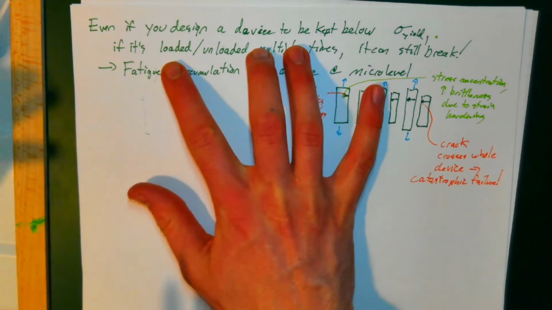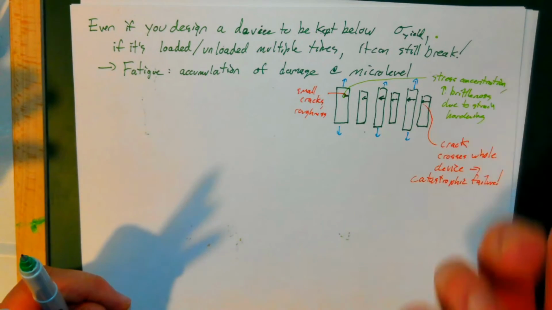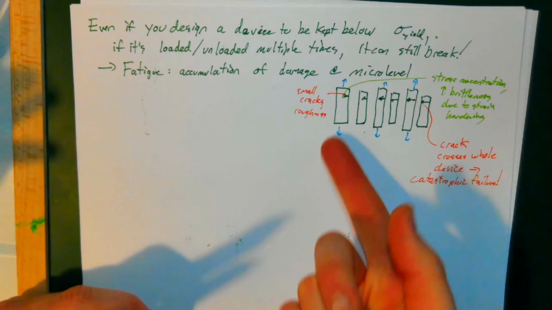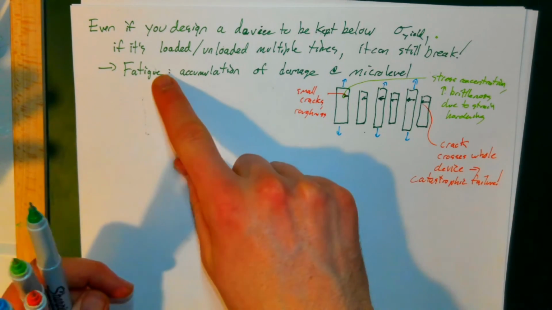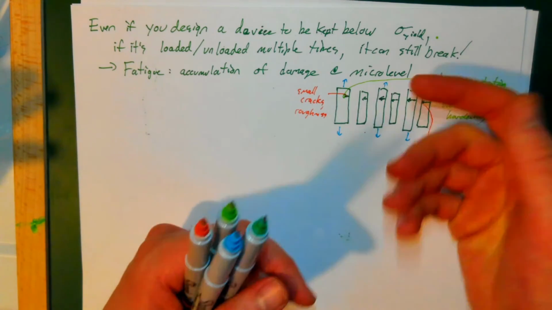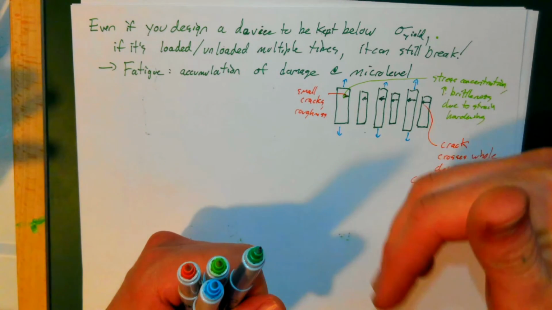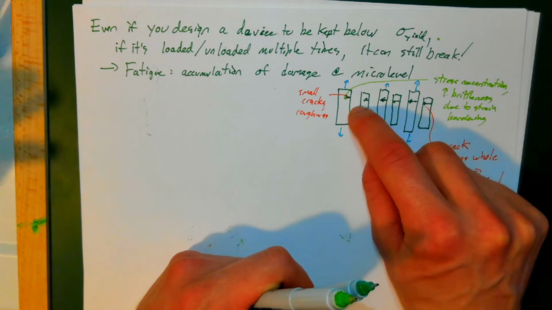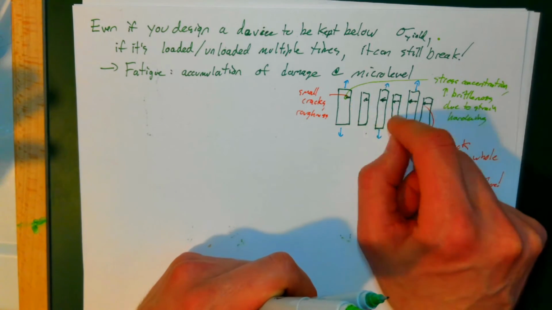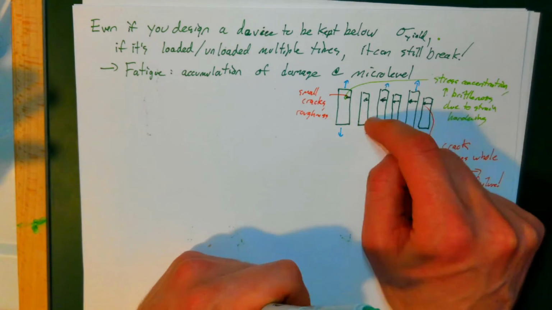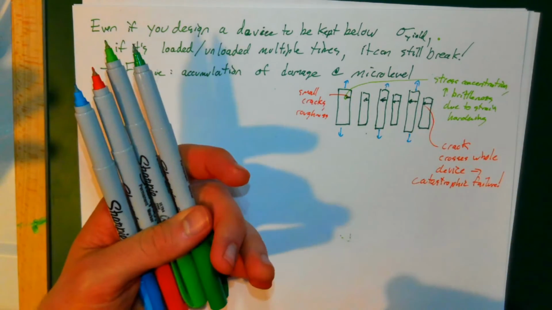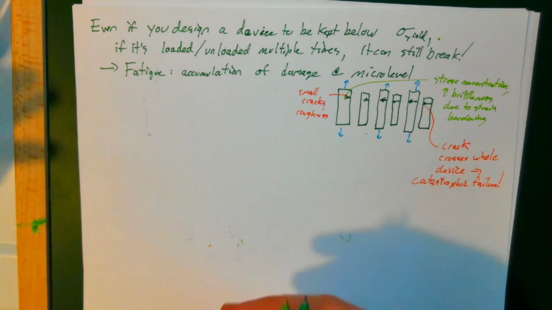Now, granted, these are small, and we don't really notice them all the time, but this phenomenon can occur. Even though we kept the macroscopic stress below the safe limit, because there was stress concentration at the tips of the cracks and at the roughness, we still get a little bit of yield or a little bit of fracture every time we put it under a cycle.